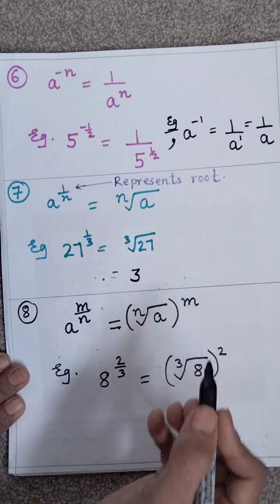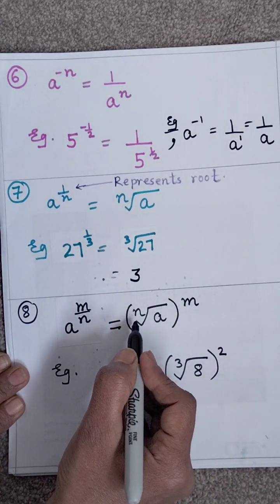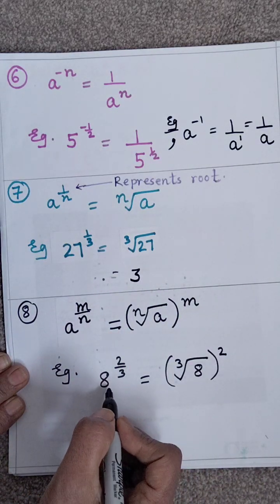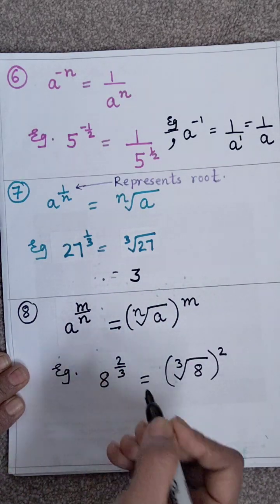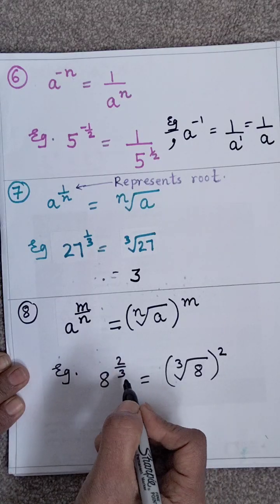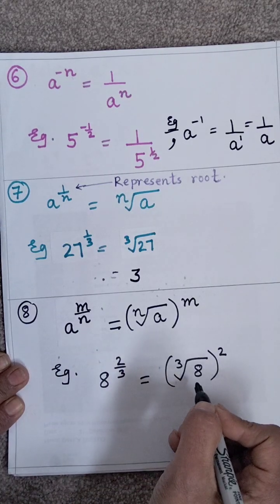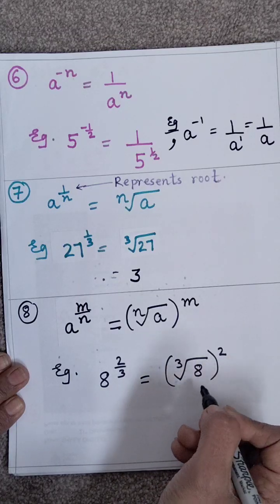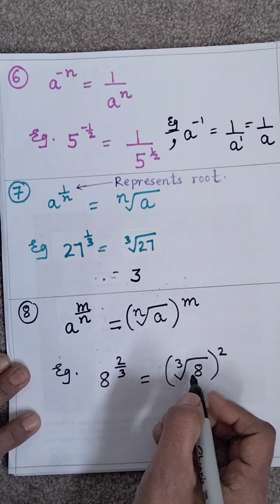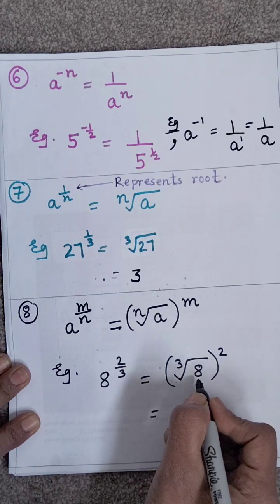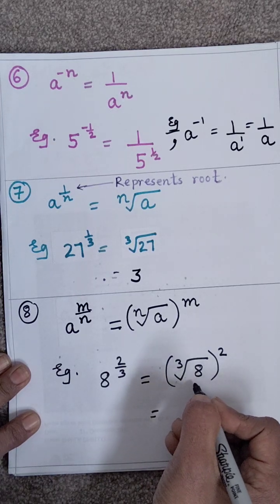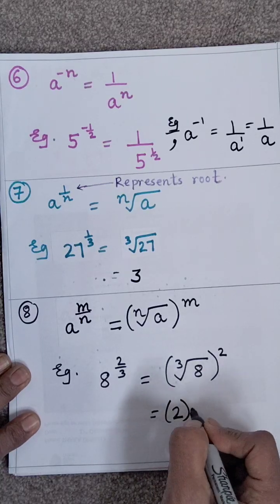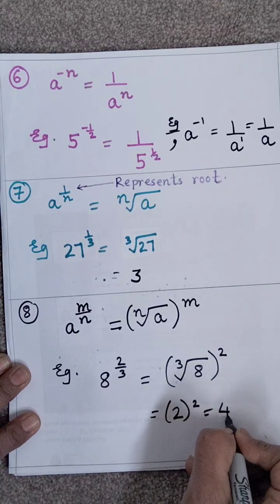M goes up as the power. Example, 8 raised to 2 over 3 is equal to the third root of 8, that is the cube root of 8, squared. What is the cube root of 8? It is 2, since 8 is 2 cubed. So it is 2 squared, which is equal to 4. That is the answer.